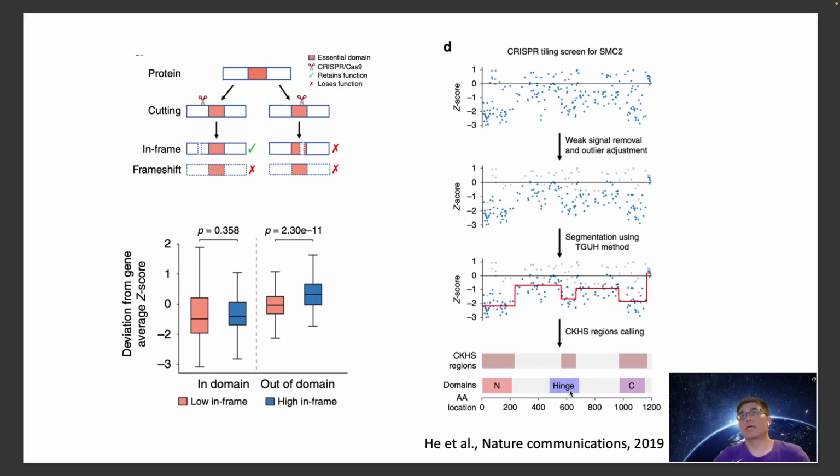Okay, so in that way, we can see that our method is very good at digging out biologically meaningful information from these CRISPR tiling screens, despite the noise, which I think is due to the experimental settings of these CRISPR tiling screens.